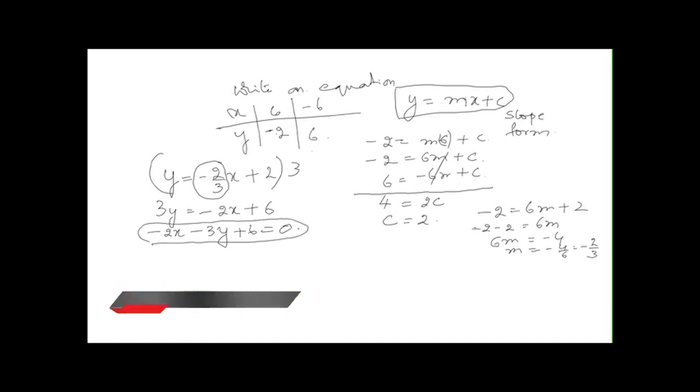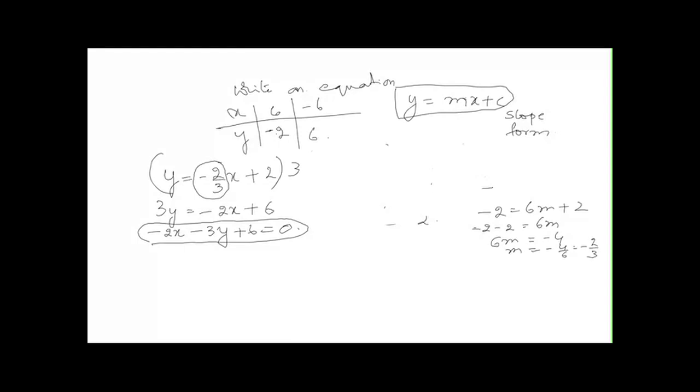You can check, if you want. How to check? Putting the values of x and y, ma'am. Correct. So minus 2 into 6 minus 3 into minus 2 plus 6, we should get 0. Am I right?